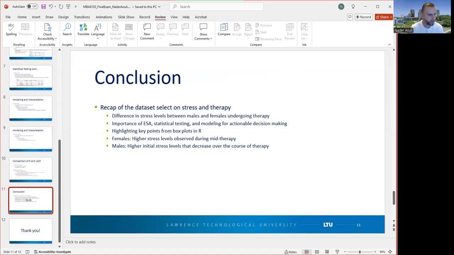It gave us the different points of therapy and what we found based on the data provided. It also highlights key points from the box plots in R. Females have higher stress levels observed during mid therapy, whereas males have higher initial stress levels that decrease over the course of therapy.